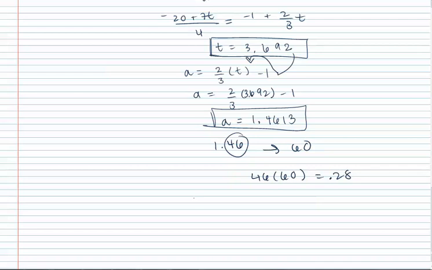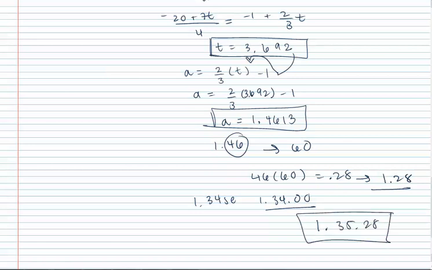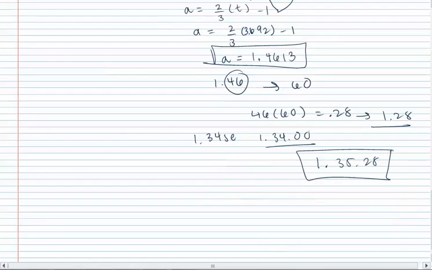Because the initial time was 1:34:00, and this is 28 seconds, you add these two together to get 1:34:28. So this is when torpedo Q is fired.